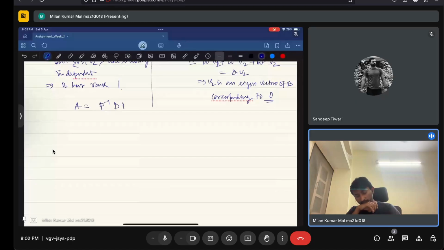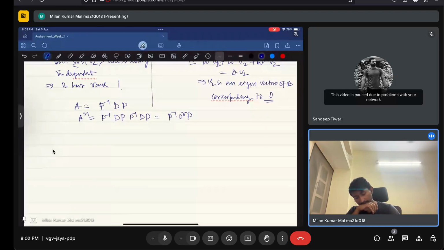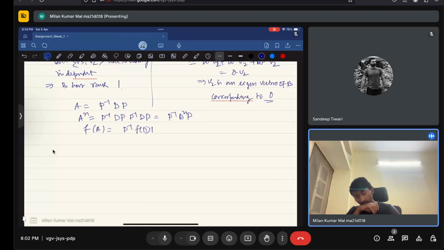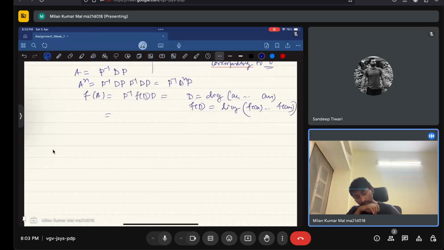It will be P inverse D P P inverse D P, that is P inverse D square P. That means you can take any power n, and it will come as D to the n. So if f is a polynomial, it will be P inverse f of D P. If D is diagonal with a1 all the way to an, then f of D for a polynomial will be diagonal with f of a1 all the way to f of an.